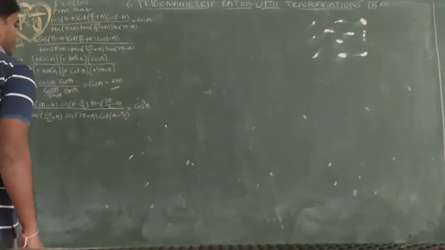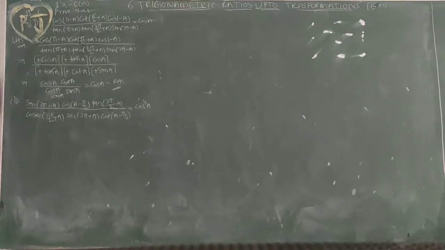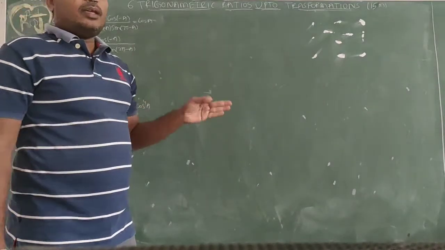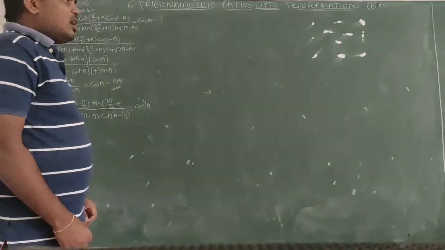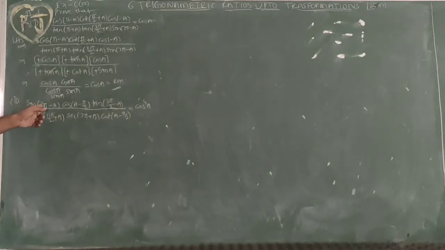Okay, now I am taking this one. The quadrant angles are 0, pi by 2, pi, 3 pi by 2, 2 pi. Actually this is more than 2 pi.